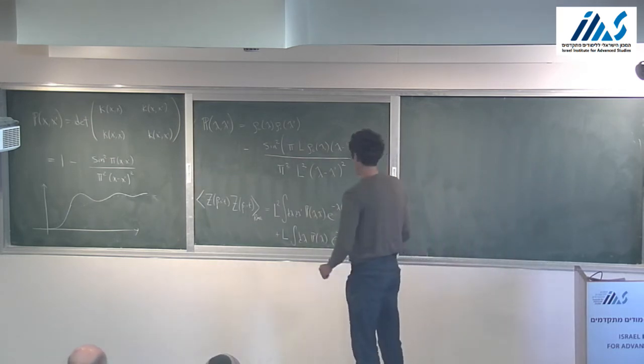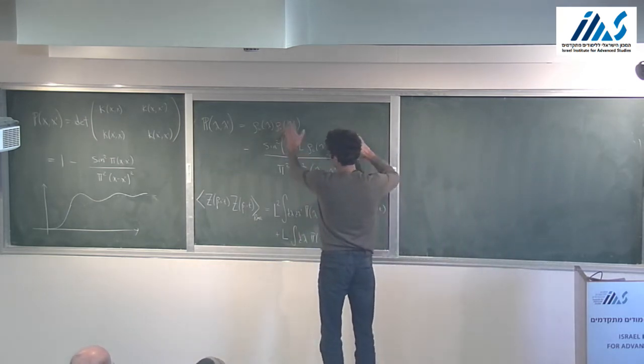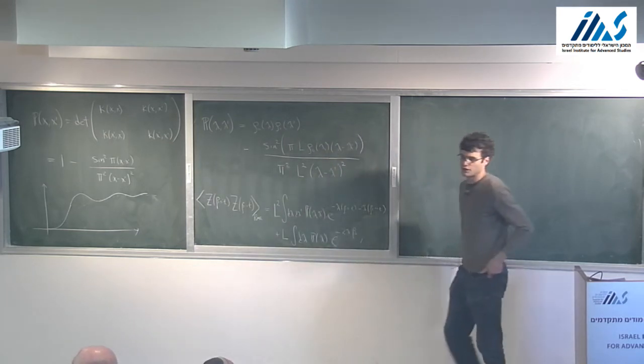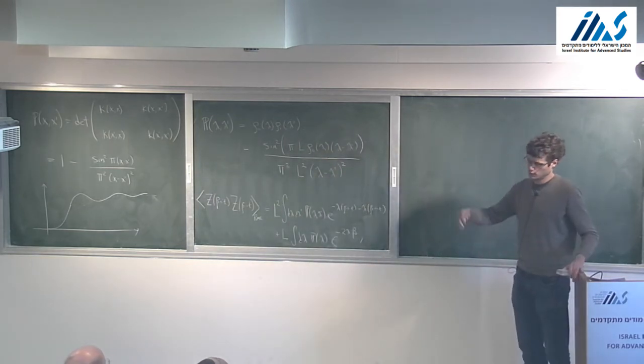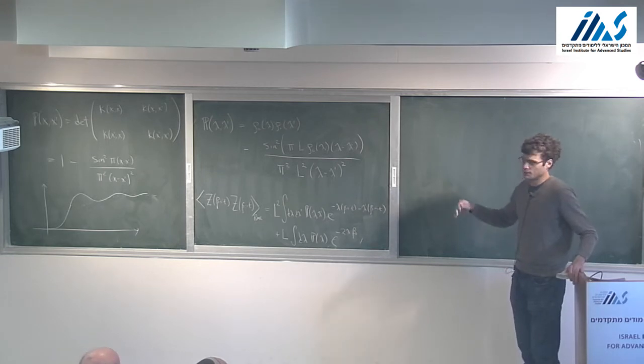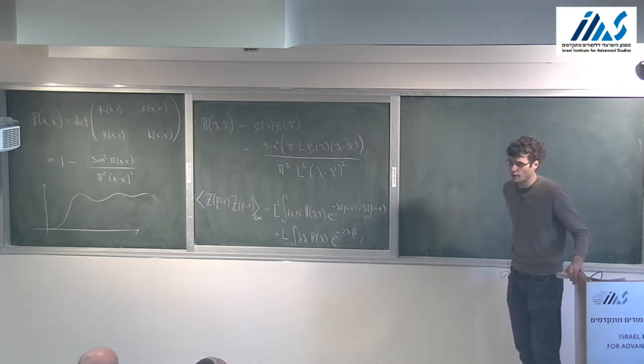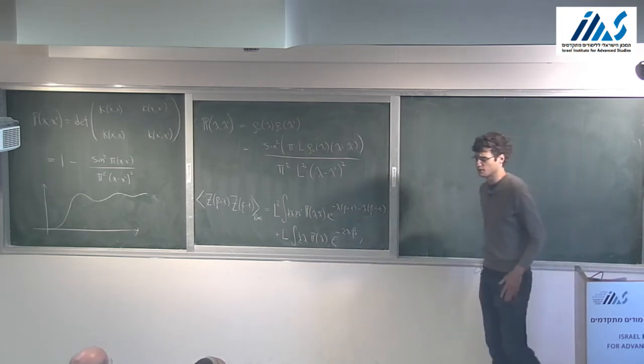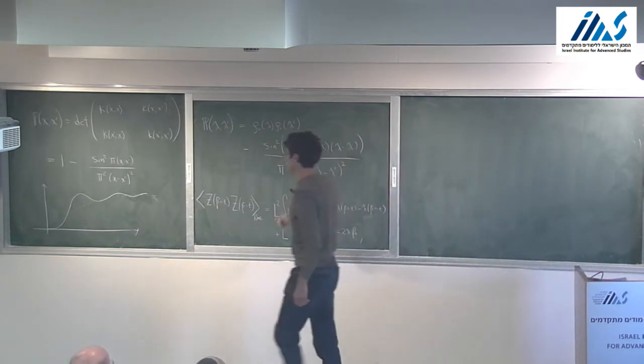So if you take this expression and plug it in here and do the integrals, you find the slope, the ramp, and the plateau. I'm not going to do the integrals for you right now. It's actually kind of entertaining to do.